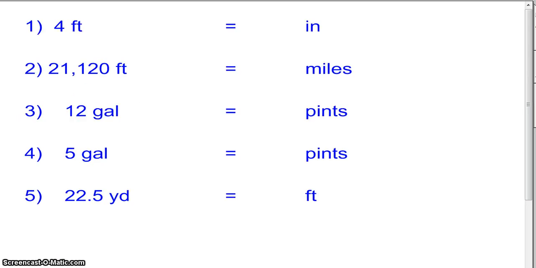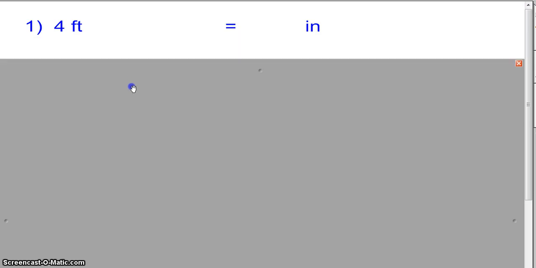Let me put a little screen over this so you don't see the whole thing. What I want you to do when you start with these things, you're asked to convert them. The question is, how many inches are in 4 feet? Before you just tell me the answer, believe me, the answer is the least of my concerns as far as the number. I really don't want to worry about the number today. Most everybody right now could say 48, so that's not a question here.